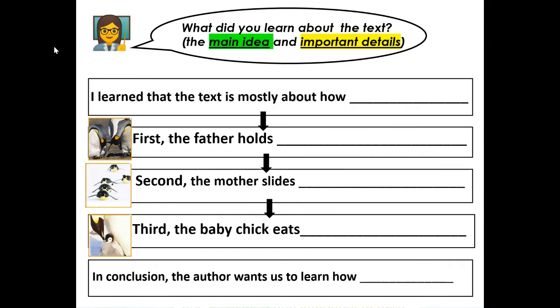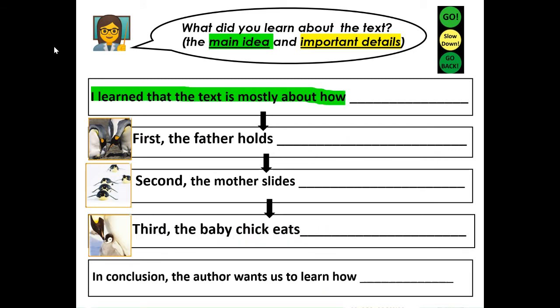So here is the question that you're going to answer. What did you learn about the text, Penguin Chick? And basically, that's the main idea and important details. And again, we're going to use our green and yellow colors. Green means go, state your topic. I learned that the text is mostly about how penguin parents work together.